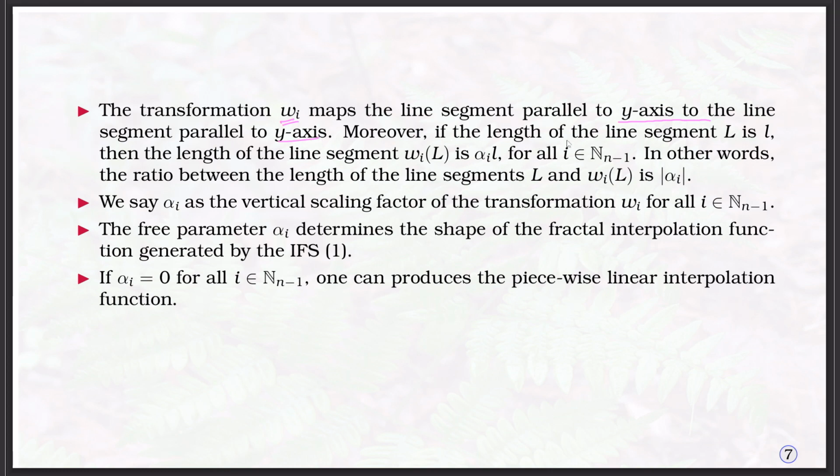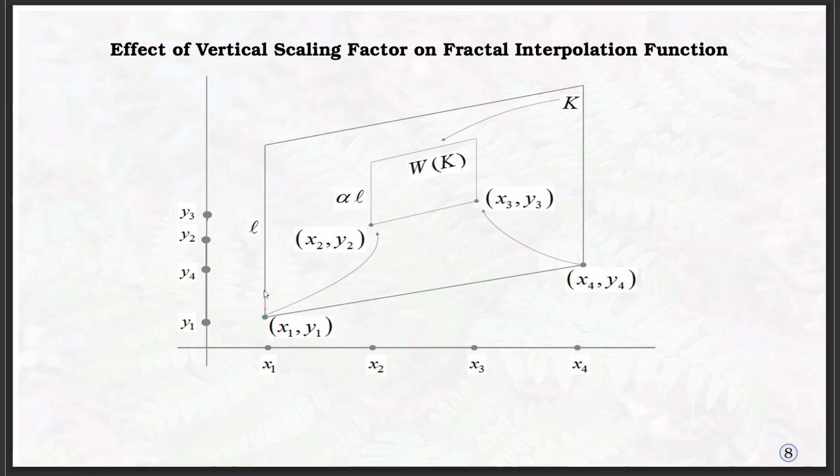Moreover, if the length of the line segment is L, then the length of the line segment after applying this Wi map is alpha times L. Suppose we have a line segment like this one with length L. If you apply the map W, it will map this line segment parallel to the y axis here. That means it will shrink here. That is the role of alpha.